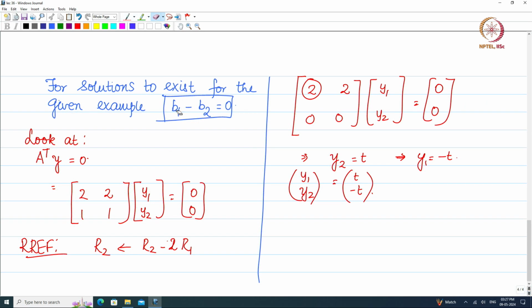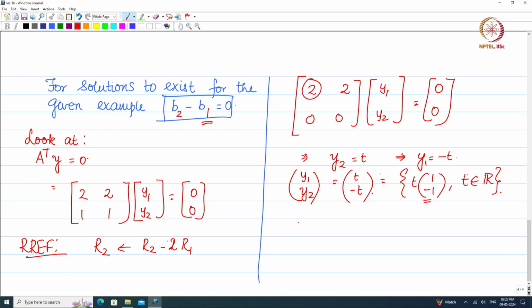In other words, the solution to this is, I made a small mistake here, this is B2 minus B1 is equal to 0. So I have t and minus t, that means the set of all values which is t into 1 minus 1, t real, that is the solution that we have. Now let us try to establish a relation between this and this that we have.